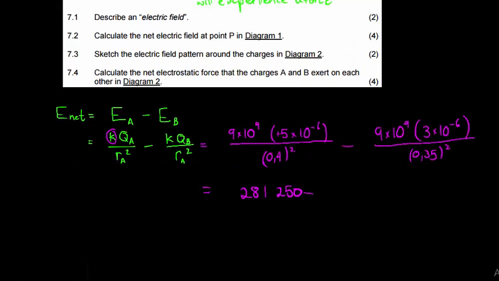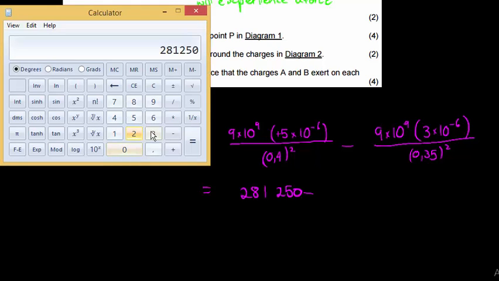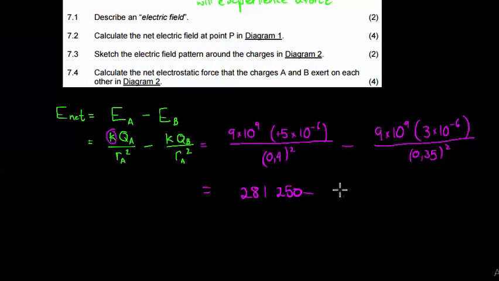Minus 9 times 10 to the power of 9 times 3 times 10 to the power of negative 6, which is 27,000, divided by 0.35 squared, is equal to 220,408.16.